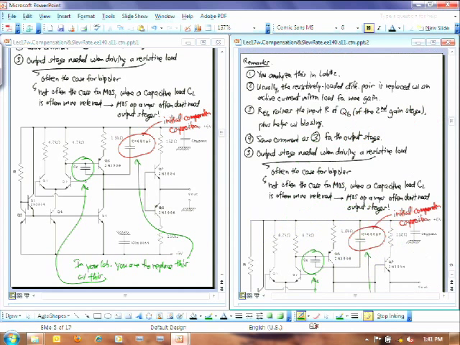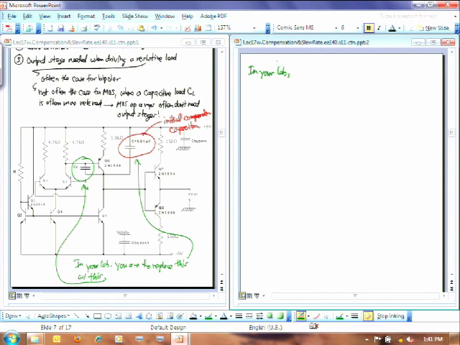In your lab, you need to simply choose C sub C so that it generates the same 3 dB frequency, which I've been calling omega P1, as the original C equals 680 picofarad capacitor. Okay? And again, all of this is for stability that we'll learn about later.